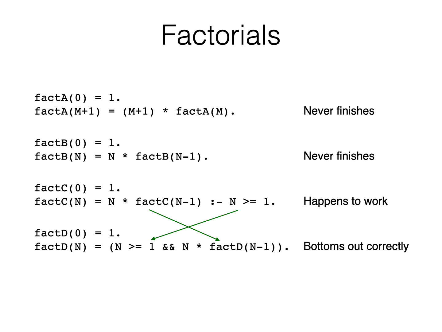But in Yedalog, this one is guaranteed never to terminate because it just counts up forever. This one just counts down forever. But what people wrote was essentially the one that counts down, the top-down recursive factorial, but guarding it with n greater than or equal to 1. And because they did not say "and", we were actually in the territory where we're leaving it up to the language implementation to choose some order.